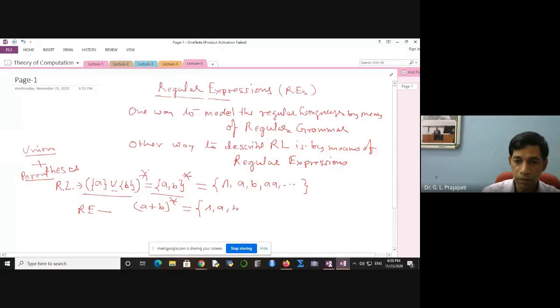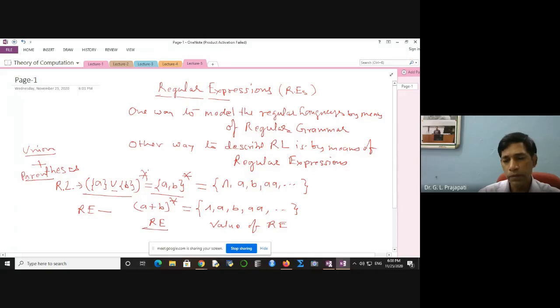So you have a, b, and a like these things. The same set is represented by the regular expression. So this is the regular expression, and this is the value of the regular expression.